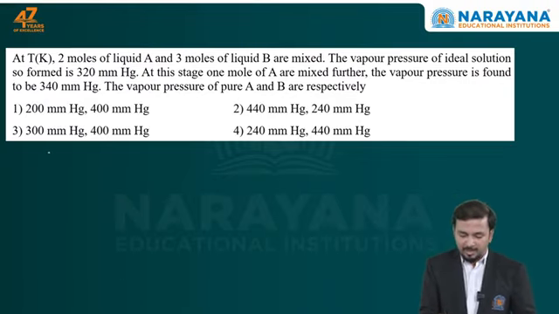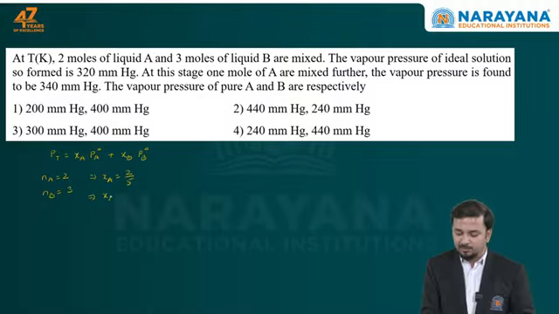So we know according to Raoult's law, Pt is equal to mole fraction of A into Pa naught plus mole fraction of B into Pb naught. So initially they have given moles of A is equal to 2, moles of B is equal to 3, which means mole fraction of A will be 2 by 5 and mole fraction of B will be 3 by 5.